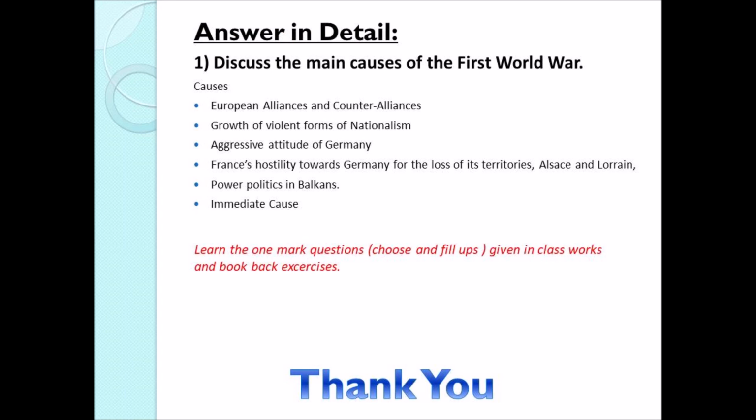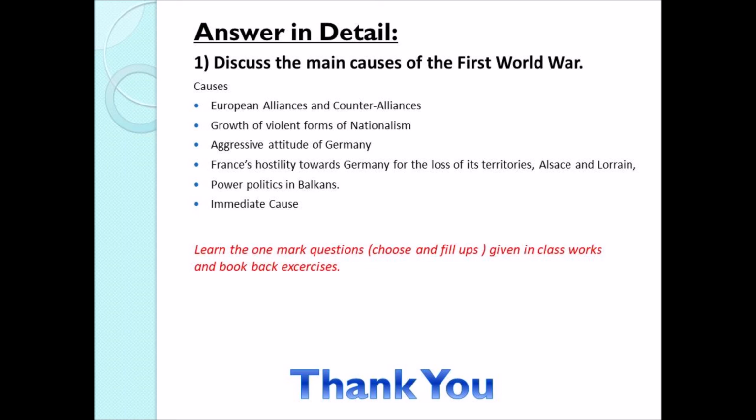Answer in detail. Discuss the main causes of the First World War. In this question, you will be asked to write any three causes of the First World War. So you can write any three causes. What are the causes of the First World War? The first cause is the European Central Powers were divided into two, the European alliance and the counter alliances.